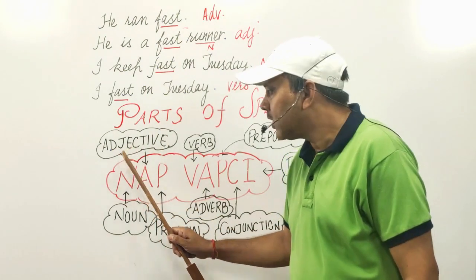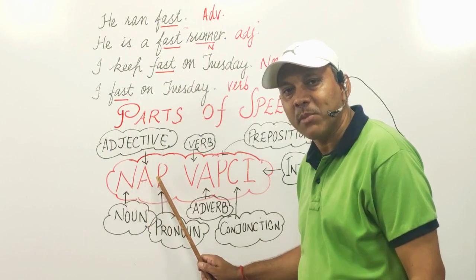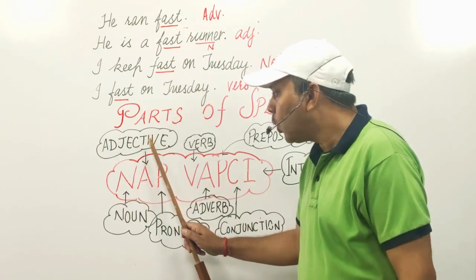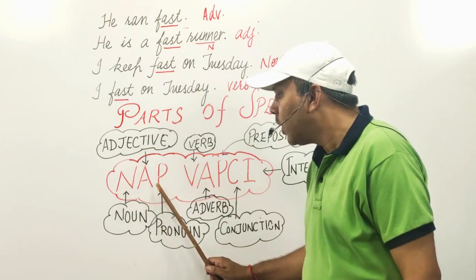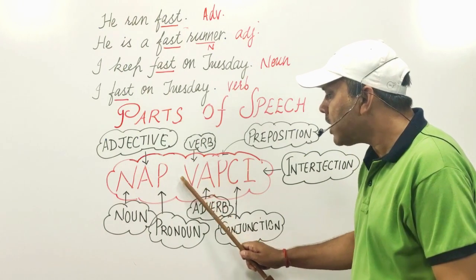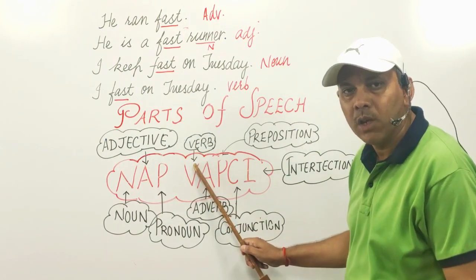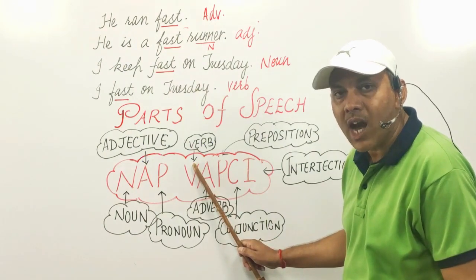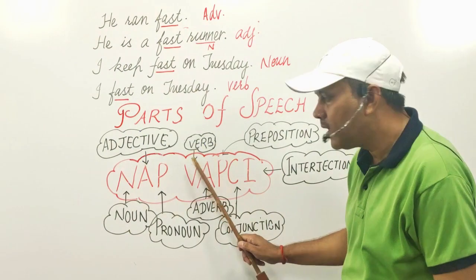They describe nouns and pronouns. They tell something about nouns or pronouns, or they add something to nouns or pronouns and their meanings. Verb. Verb is a very important part of speech for the English language because without a verb we can't make a sentence.